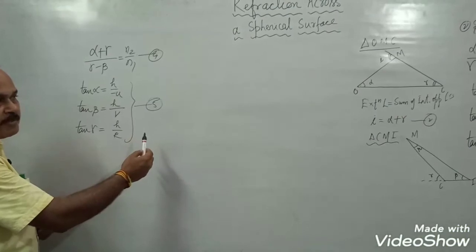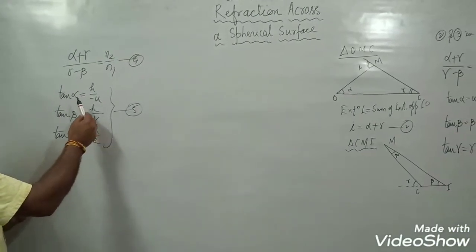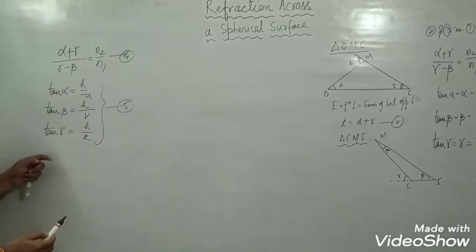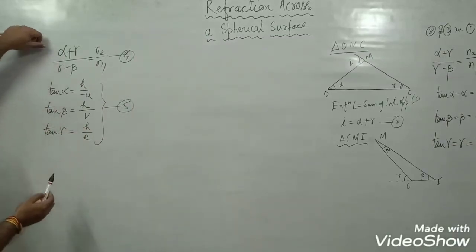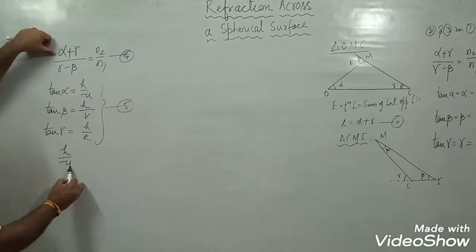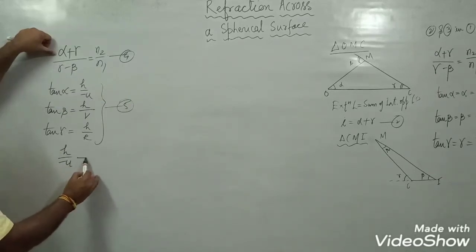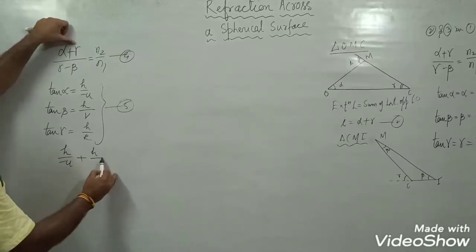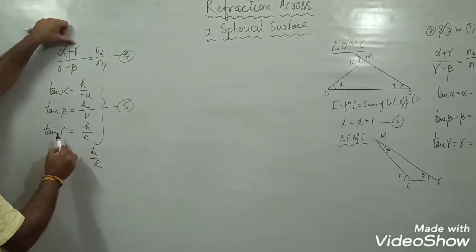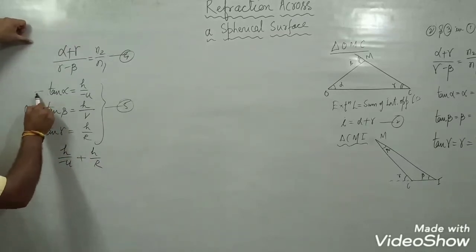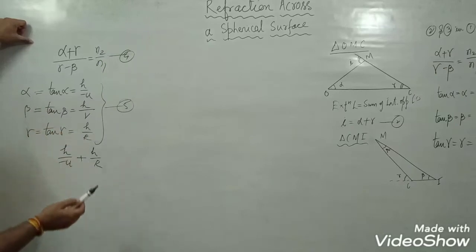So children, let us substitute the values of alpha, beta and gamma here in equation number 4. If we substitute these values, what do we get? Alpha is H upon minus U, gamma is H upon R. Tan gamma is gamma, tan beta is beta, and tan alpha is alpha, because these angles are very, very small.